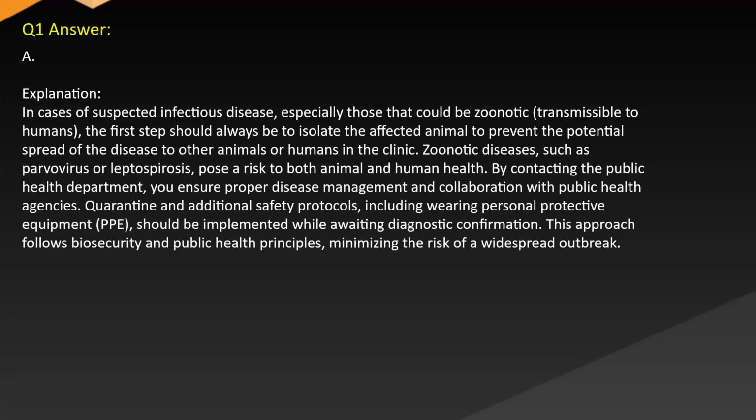By contacting the public health department, you ensure proper management and collaboration with public health agencies. Quarantine and additional safety protocols, including wearing personal protective equipment (PPE), should be implemented while awaiting diagnostic confirmation. This approach follows biosecurity and public health principles, minimizing the risk of a widespread outbreak.